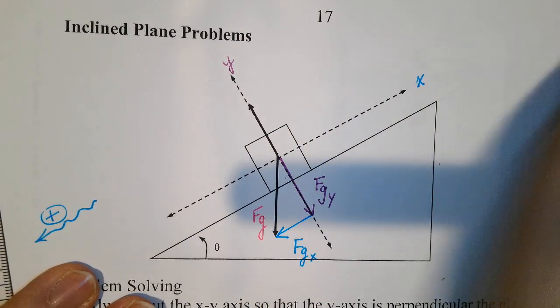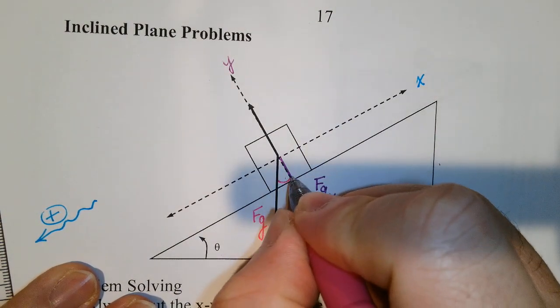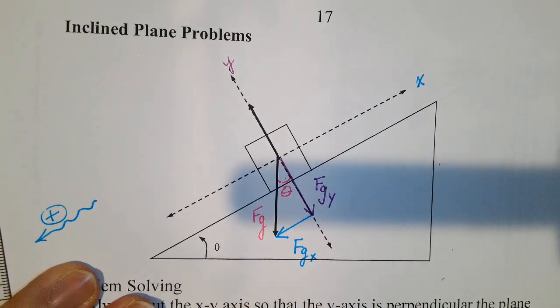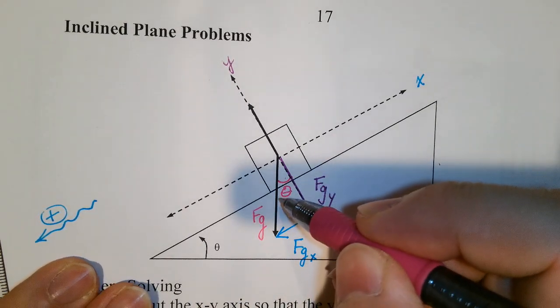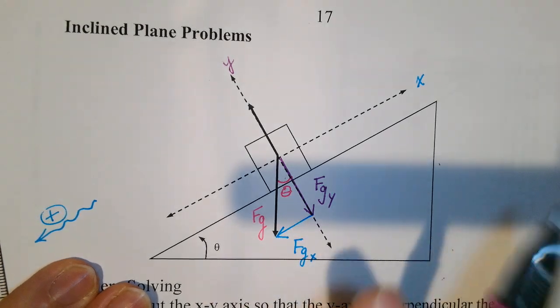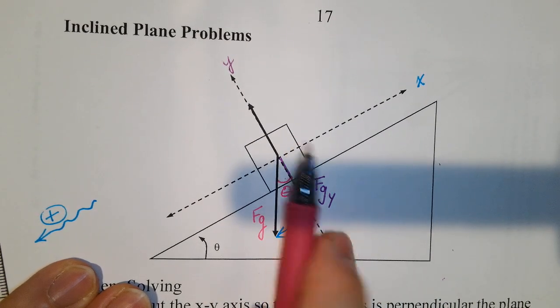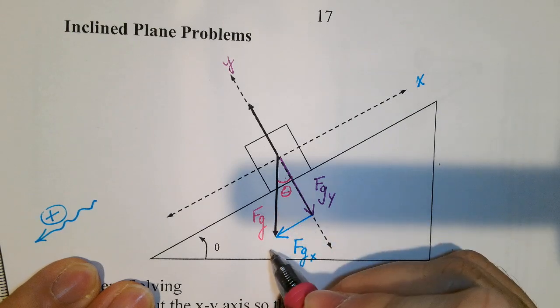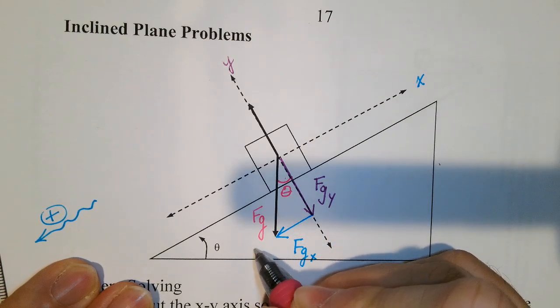If I extend this Fg straight down to meet at the bottom, this is a 90-degree angle.